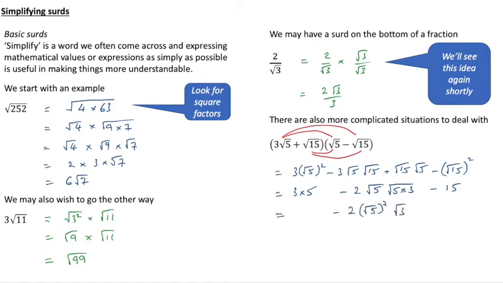We can separate the root 15 into root 5 times root 3, which means we've got root 5 times root 5 times root 3, and I've expressed that on the next line as root 5 squared times root 3, and of course we've still got our minus 2. Root 5 squared is 5, and we can multiply that together, and we get minus 10 root 3, from the 2 times 5.